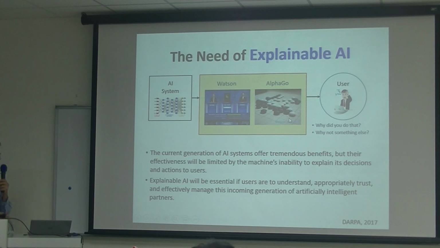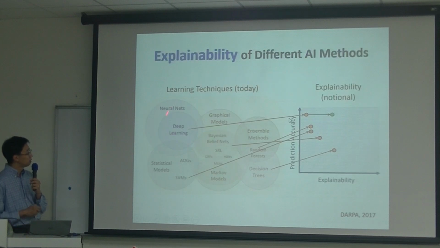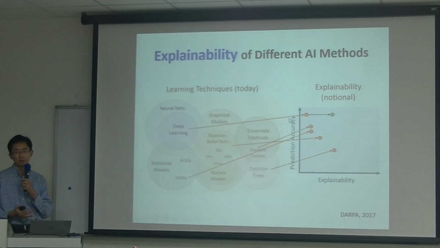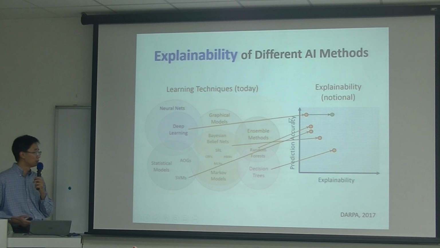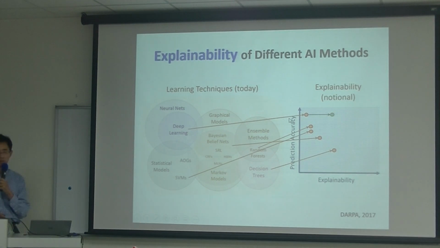So these different machine learning algorithms have different explainability. If you have already done a regression before, then you will know what I talk about. For example, with statistical models, usually we can develop a model to predict something, but we will also know which predictors are important, right?